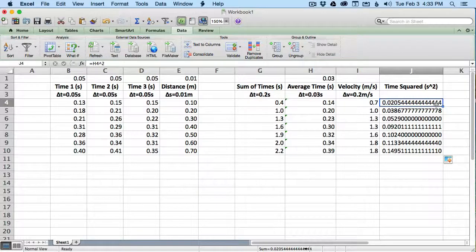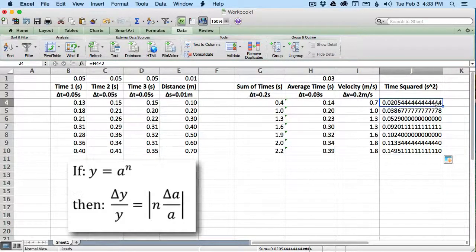Now, unfortunately, in the 2009 standards, there's no equation for dealing with uncertainties with squaring or finding exponents of some sort. Thankfully, in the new standards, there is. I'll go ahead and put that on the screen, and you can see it's simply the exponent, in this case a 2, multiplied by the uncertainty of time divided by time itself.